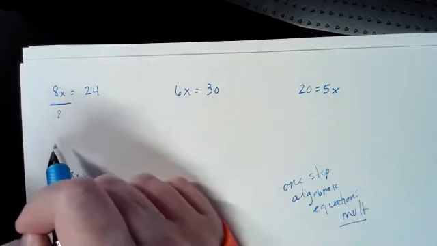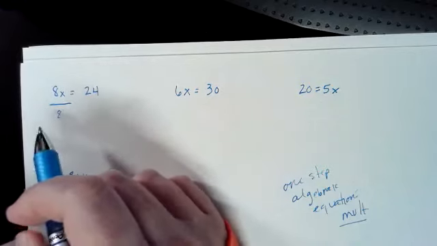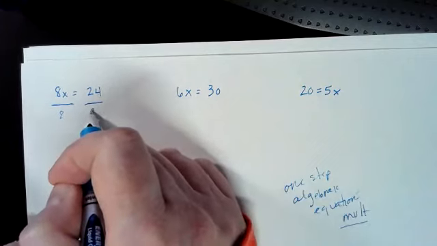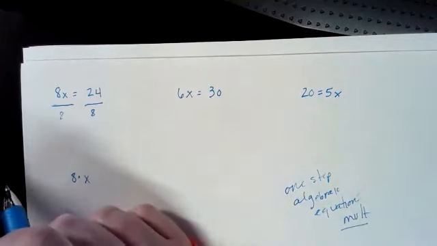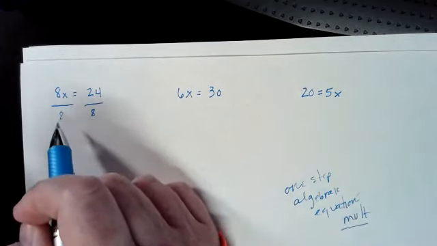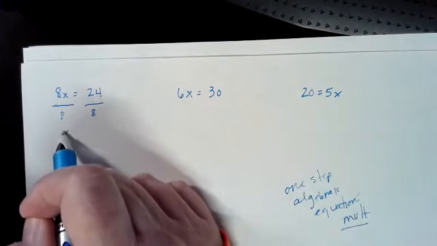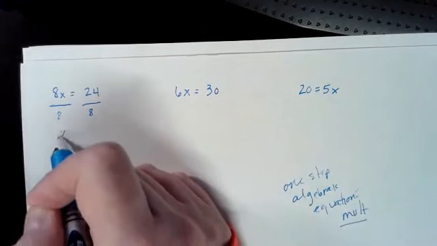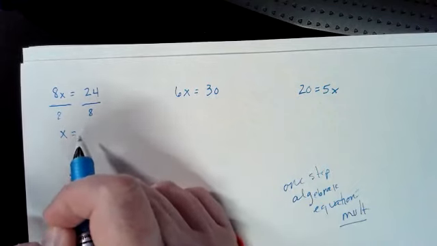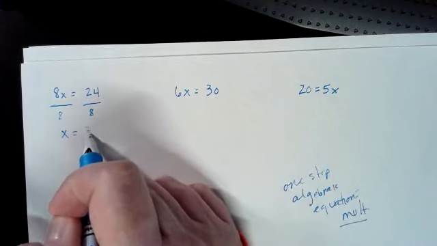So 8x divided by 8, which means we have to do the exact same thing on this side. 24 divided by 8. 8x divided by 8 is just x. That's it. So bring your x down, bring your equal sign down. 24 divided by 8 is 3.